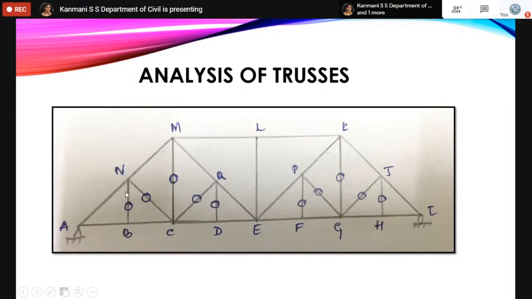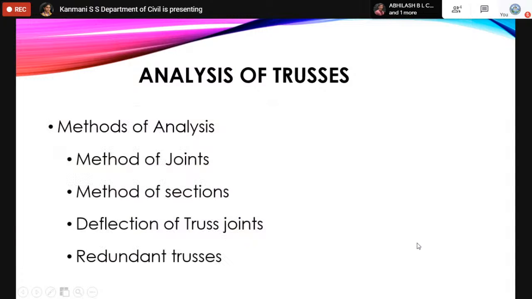So once all these 4 plus 4, 8 members are 0, if you come to joint C and joint G, where you have two collinear members, BC and CD, here at joint G, FG and GH, the other third force we have is MC, where MC will become 0. At this joint, KG is the third force, it will become 0. So this is how we will find the 0 forces.